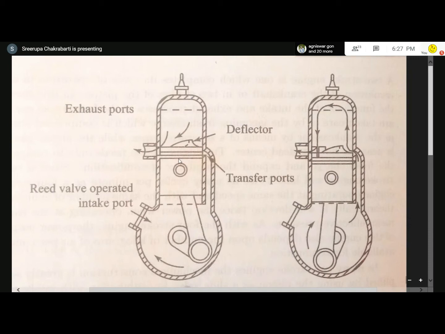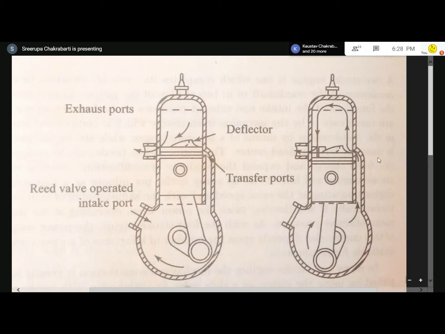When the piston just comes down and uncovers the transfer port, the gas enters and occupies this volume. When the gas enters like this, it strikes the dead end of the cylinder and takes a rebound. In order to facilitate the movement of the gas, we have got a deflector here. We do not want the gas to just come in any direction.